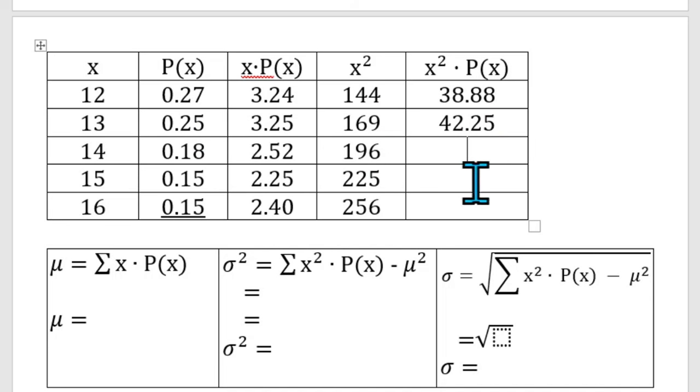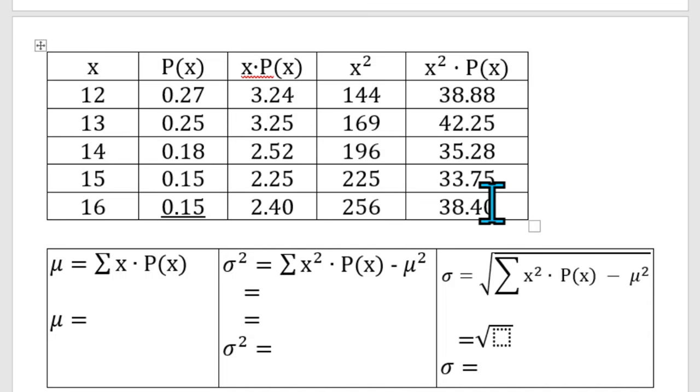Next is 0.18 times 196, and we have 35.28. 225 times 0.15 is equal to 33.75. And lastly, we have 256 times 0.15 is equal to 38.40.